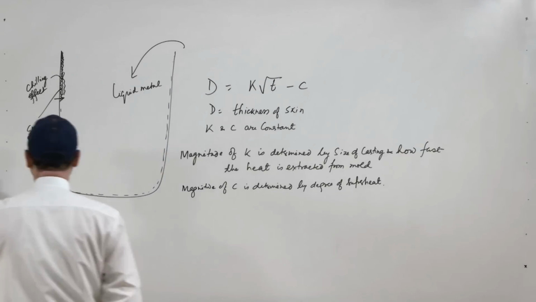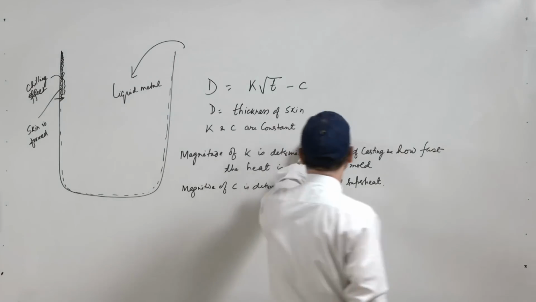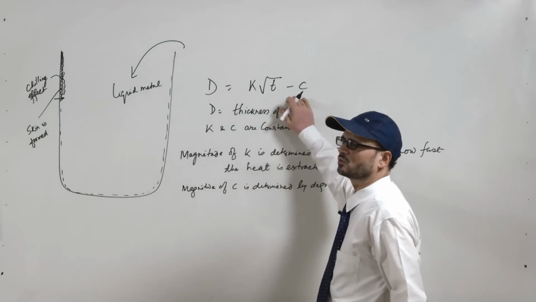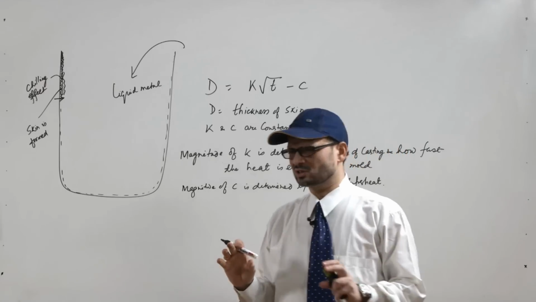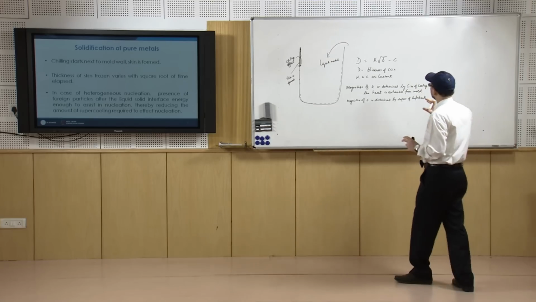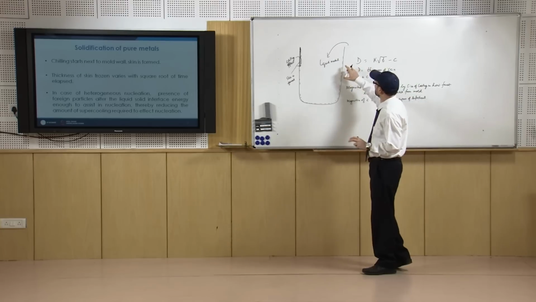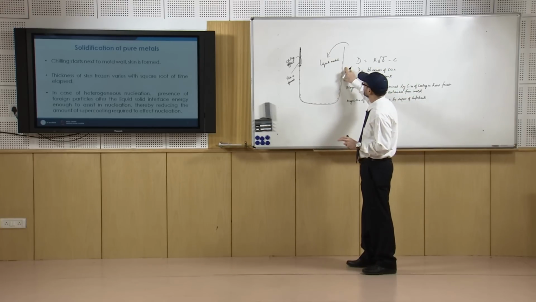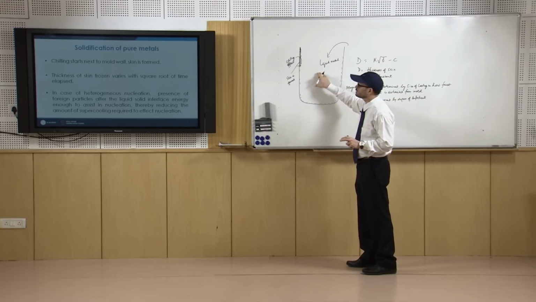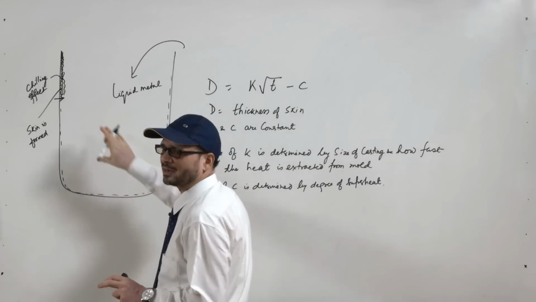So, these are the two constants which come into the picture in this correlation, which talks about the thickness of the solid skin formed when we cast a particular pure metal.